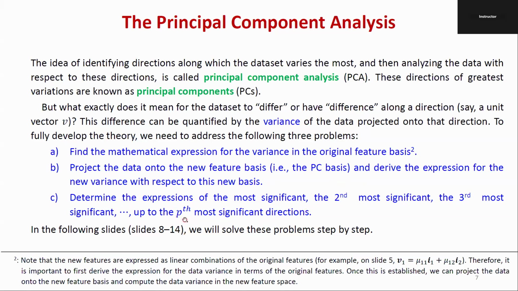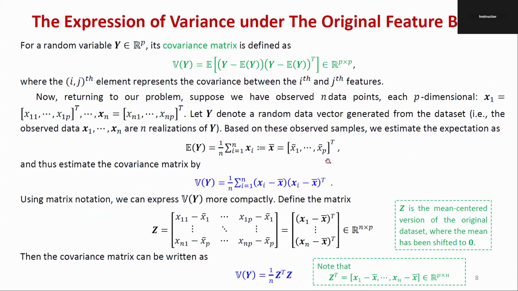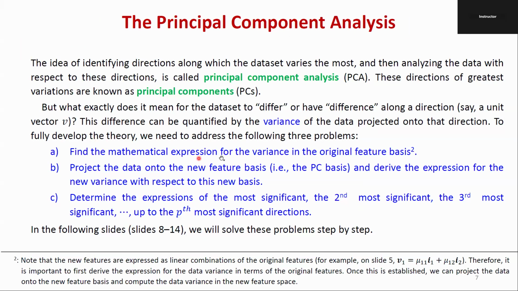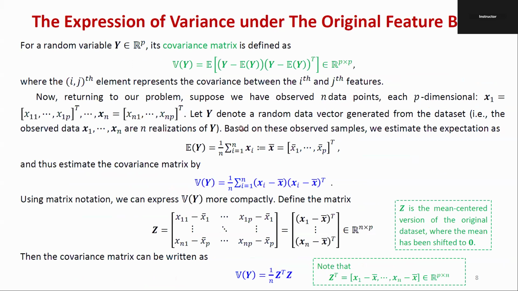For example, p is 10,000, k is 10. So these are the things we're going to introduce from slides 8 to 14. We'll solve these three problems step by step. Okay, the very first question, the expression of variance under the original feature basis, is question number A.